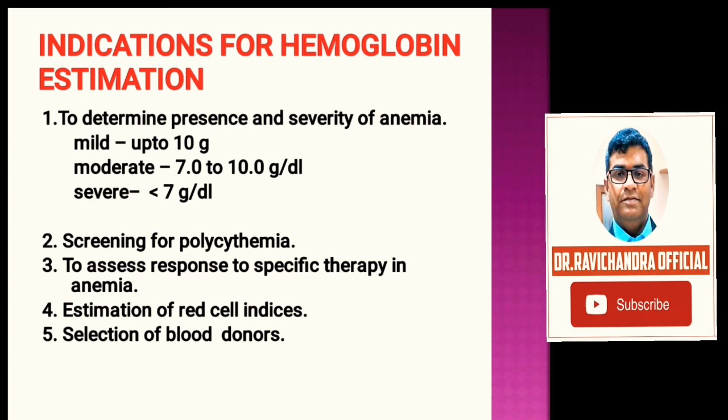Hemoglobin estimation is also useful for screening of polycythemia, to assess the response to specific therapies in anemias, for estimation of red cell indices, and for selection of blood donors. For a blood donation, the person should have a minimum of 12.5 grams per deciliter of hemoglobin.